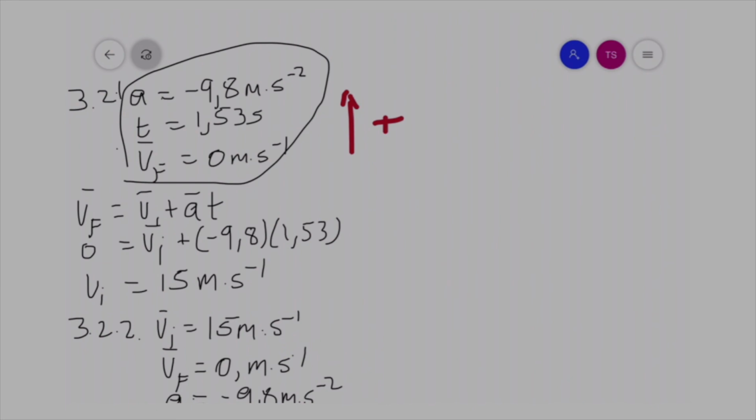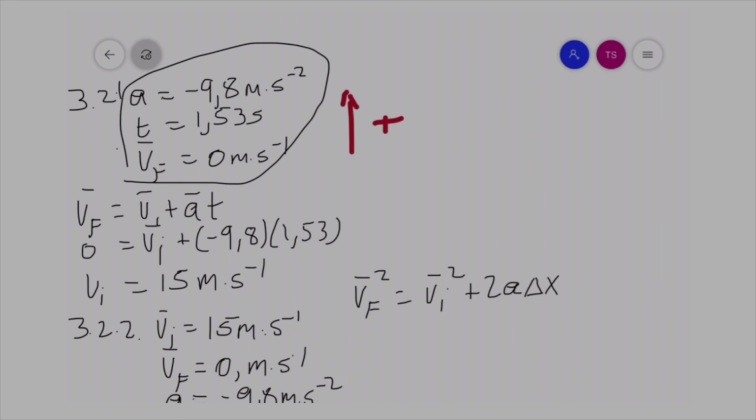Now on this one, I'm gonna go with v final squared equals v initial squared plus 2a times a change in displacement, right?